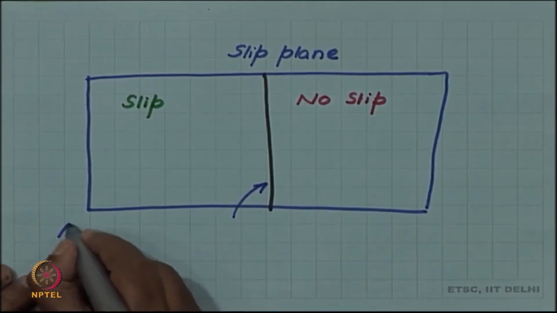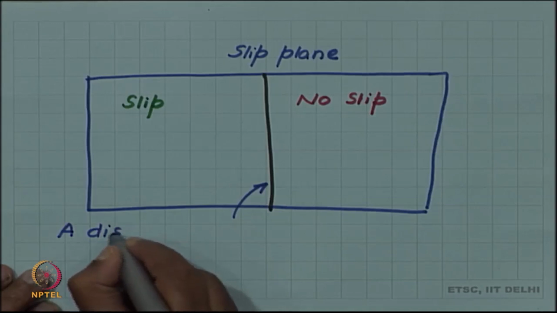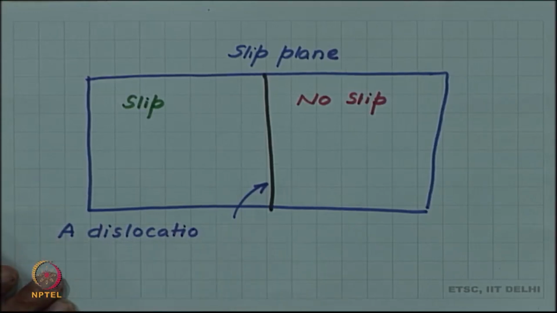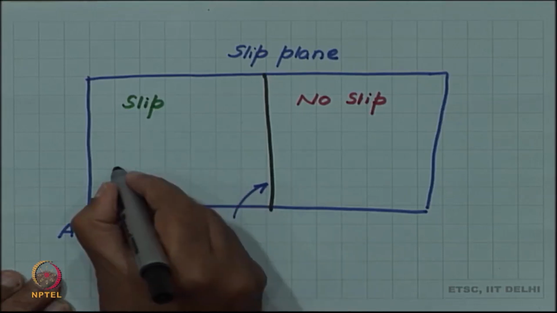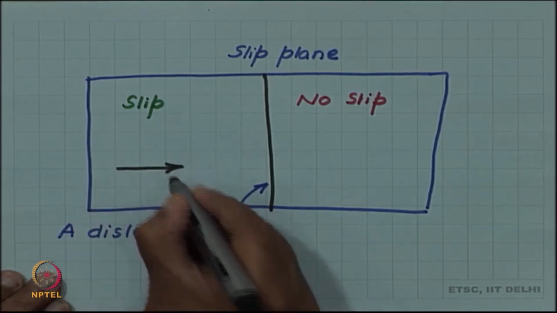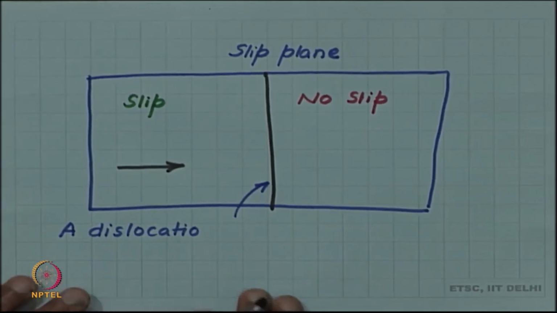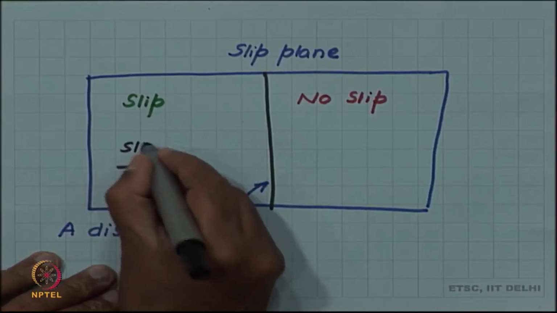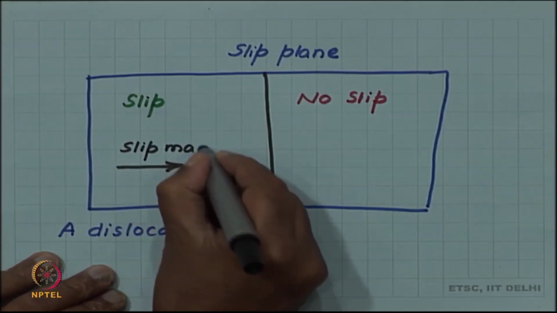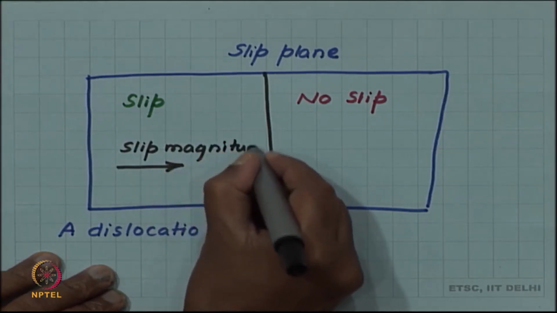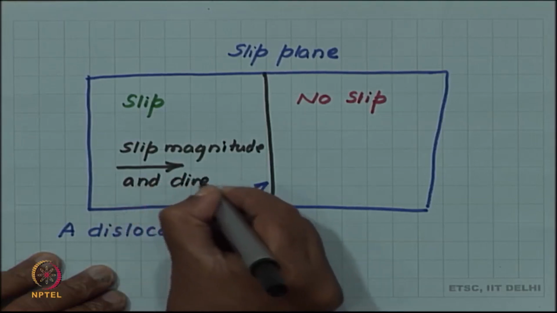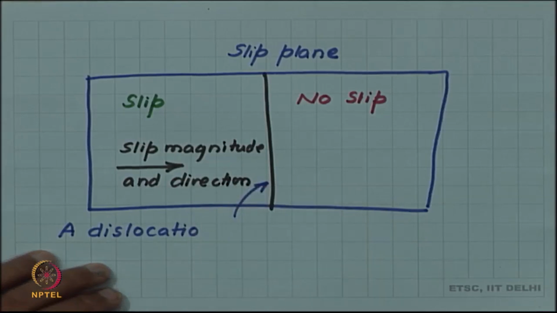So, we can say a dislocation line, and we can show the magnitude and direction of the slip. In this case we had seen that the slip was like this, slip magnitude and direction.